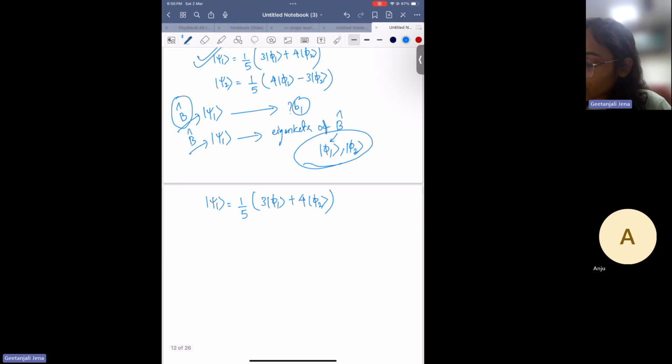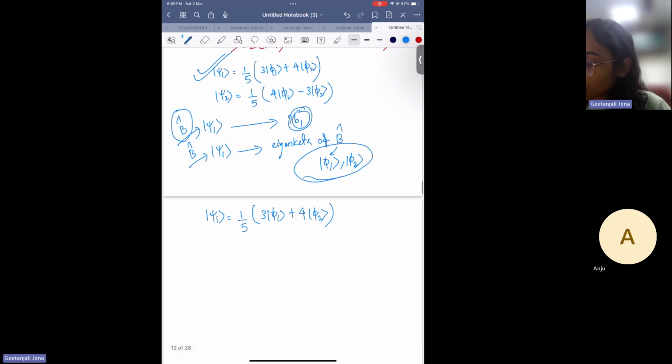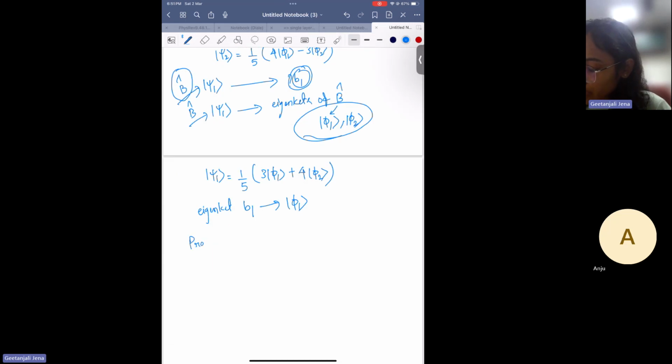Now it is asking what is the probability of getting B1. For that, you have to see what is the eigenstate that is related to B1. So the eigenstate related to B1 is nothing but phi1, right? So the probability of getting B1 in the measurement is nothing but the probability of getting the state phi1 after measurement.